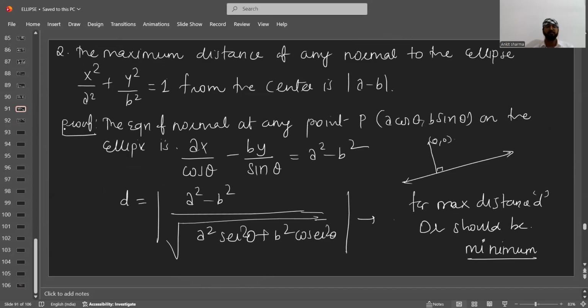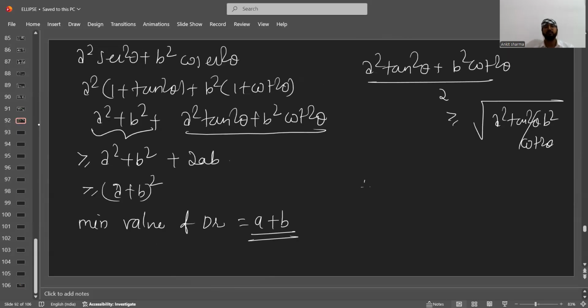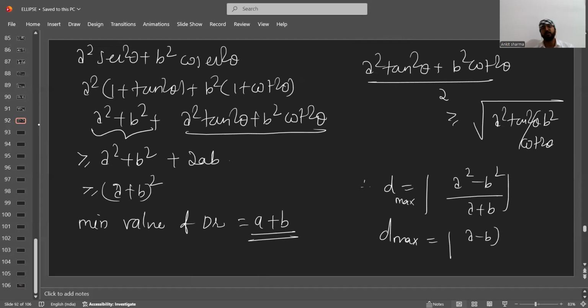So I can plug in here: d is equal to modulus of a square minus b square over a plus b as d max. We can open this and I get a minus b into a plus b over a plus b. Now we can cancel and we get the maximum distance to be mod of a minus b.